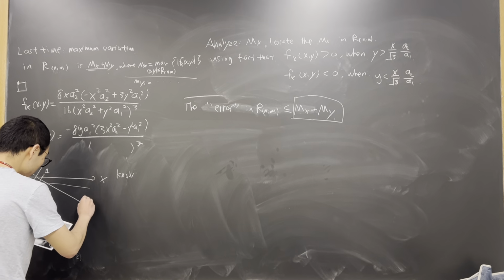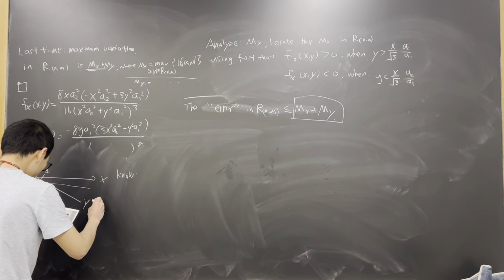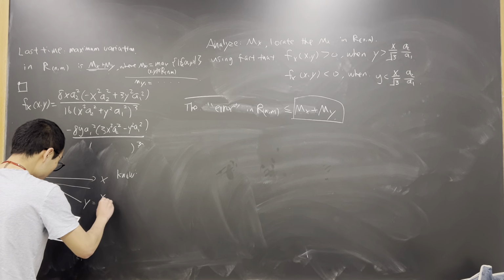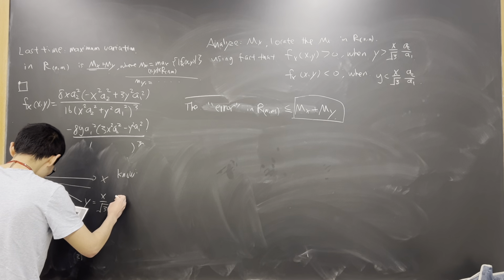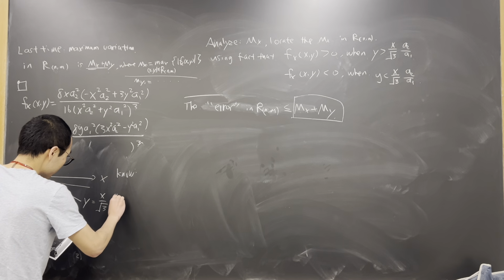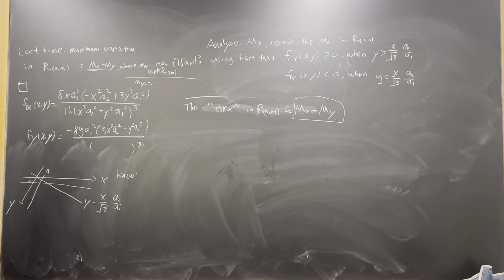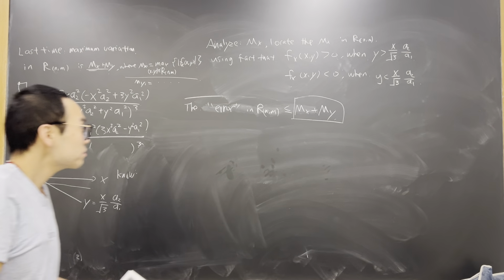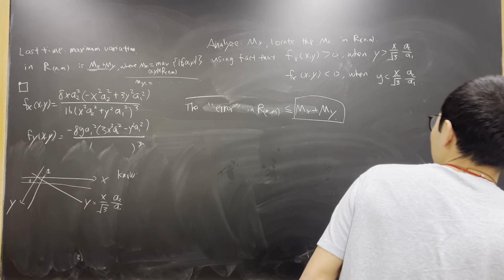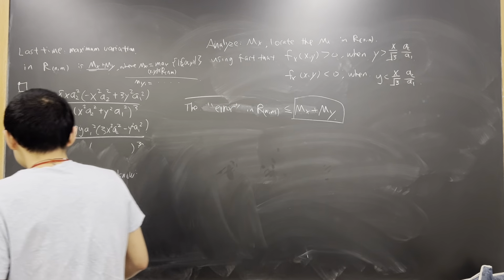So this is the curve y equals x over square root of 3 times a2 over a1. Let's say we are in this region 1.